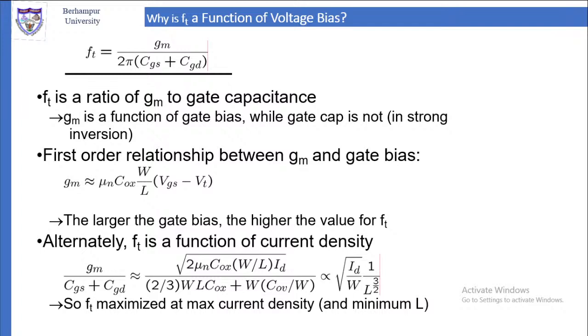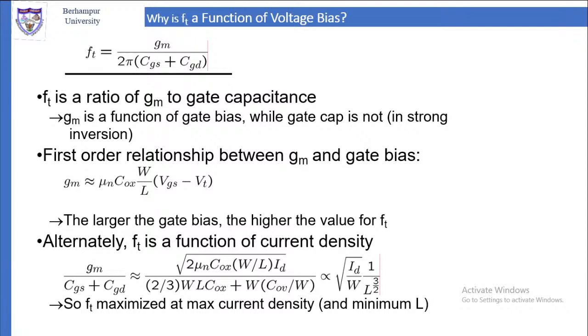You can see in the numerator there is a root over of Id into W. In the denominator there is W. Therefore this is proportional to root over of Id by W. Then in the numerator there is a root L, in the denominator there is a simple L. In the numerator there is 1 by root L, in the denominator there is simple L. Therefore proportionality is also for L to the power of 3 by 2.